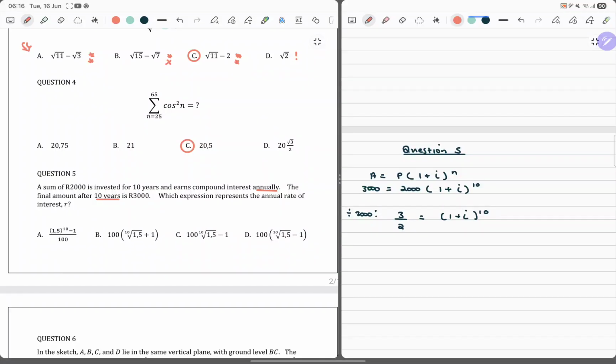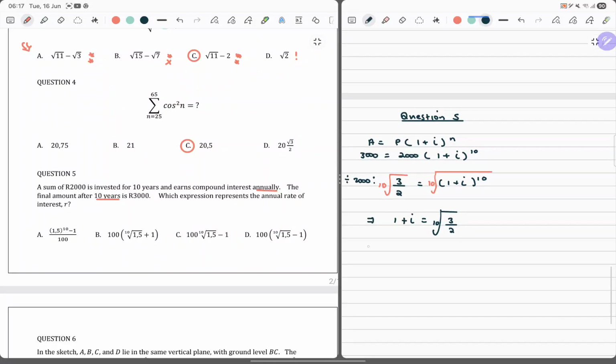Now the second thing that we need is to take the 10th root to get rid of that exponent of 10. But what we do on the one side has to be done on the other side with equations. So if I can just rearrange, this becomes 1 plus i equals the 10th root of 3 over 2.